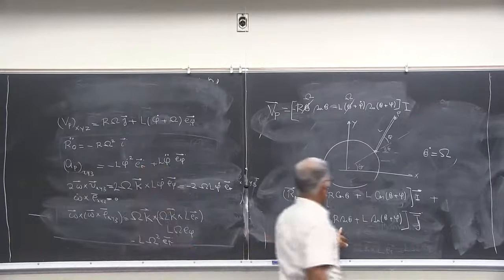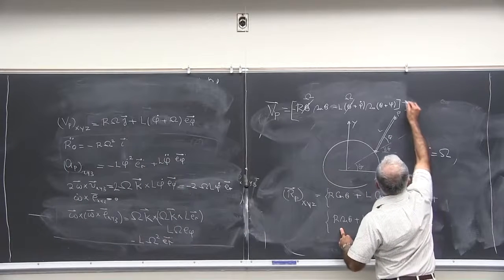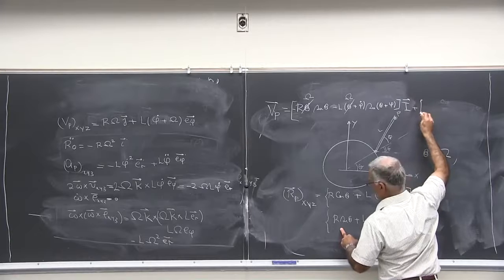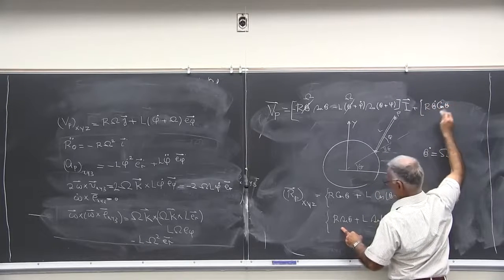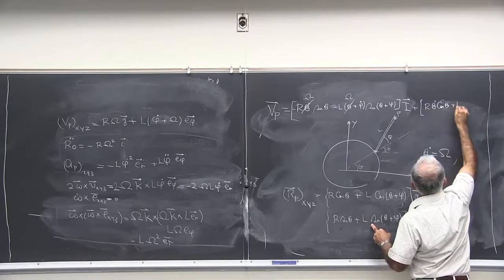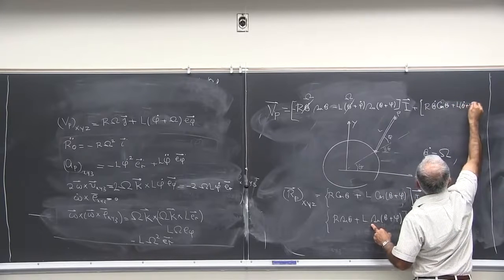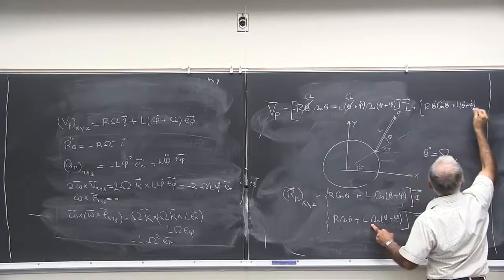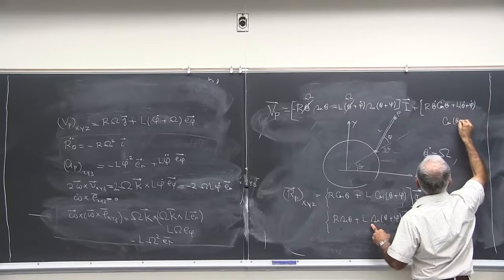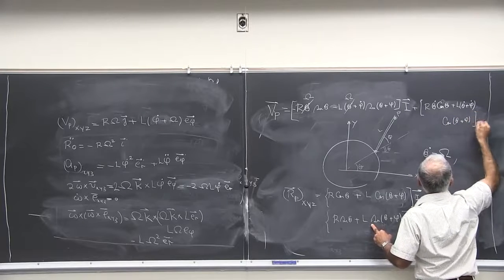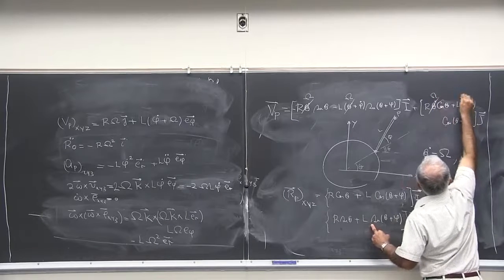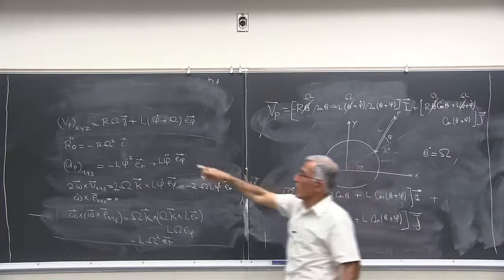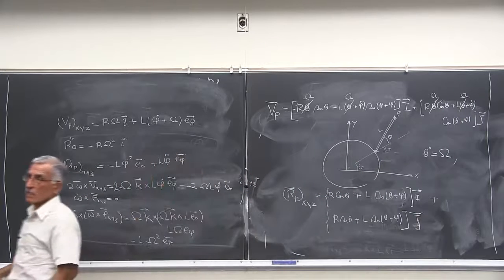For this one, that would be r theta dot cosine theta plus L, theta dot plus phi dot, cosine theta plus phi, and that's the capital J. And of course, this is omega and this is omega, so you have omega plus phi dot.